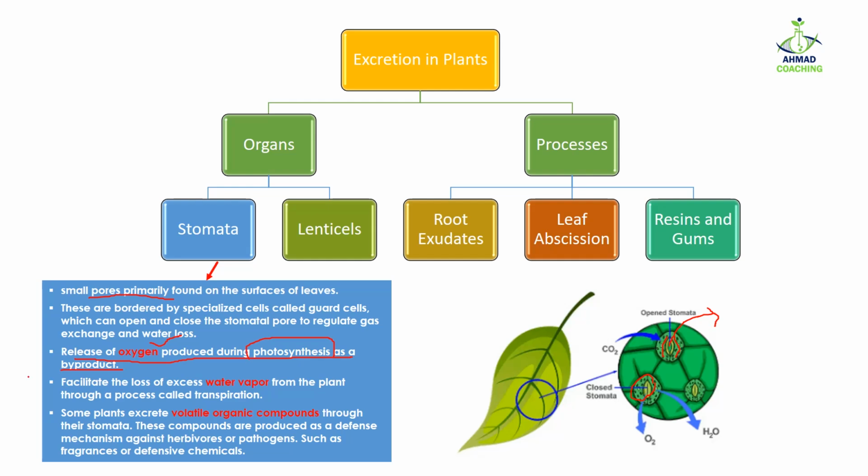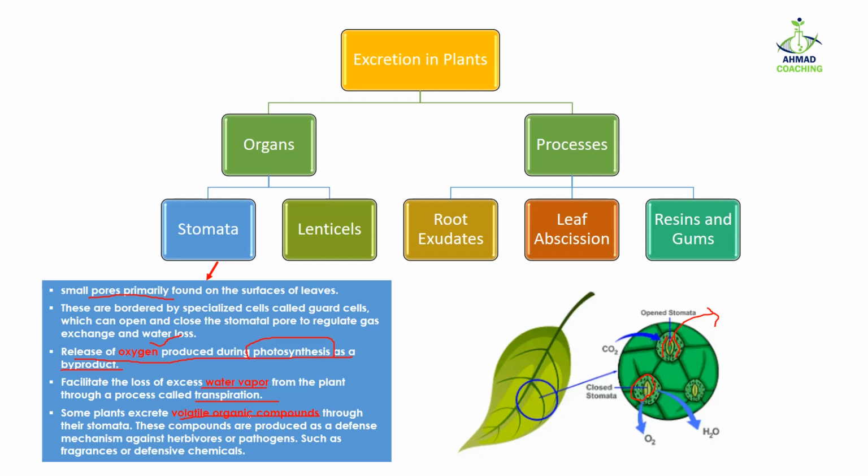The second waste material which is removed by the stomata is water vapor. These water vapors are also produced through the process of photosynthesis, and they are removed out of the plants through stomata by the process of transpiration. The third thing is the removal of volatile organic compounds.